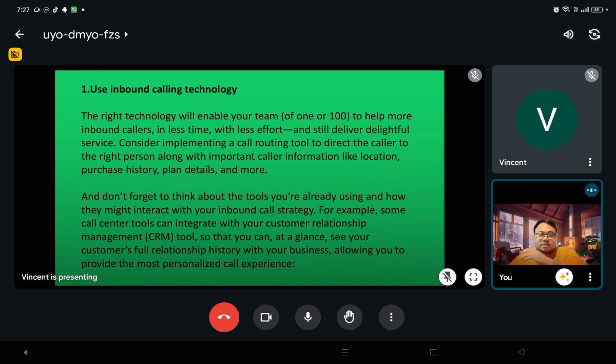Consider implementing a call routing tool to direct the caller to the right person, along with important caller information like location, purchase history, plan details, and more.